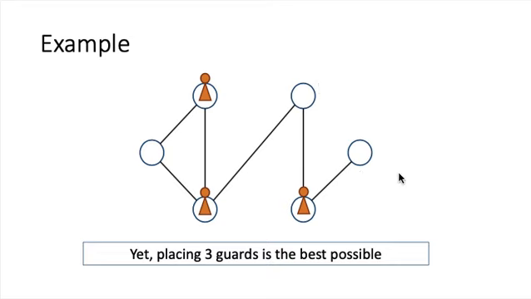So at least 3 guards must be needed. We cannot do anything better than 3 guards, and the scenario that we show here is already an optimal placement of the guards.